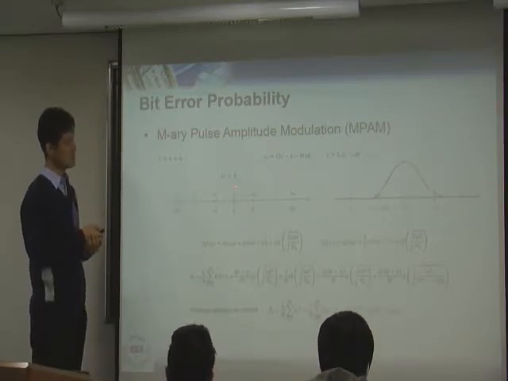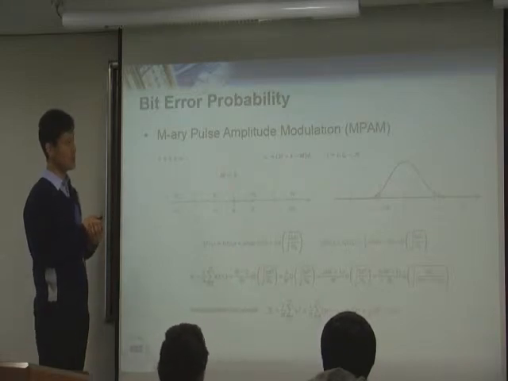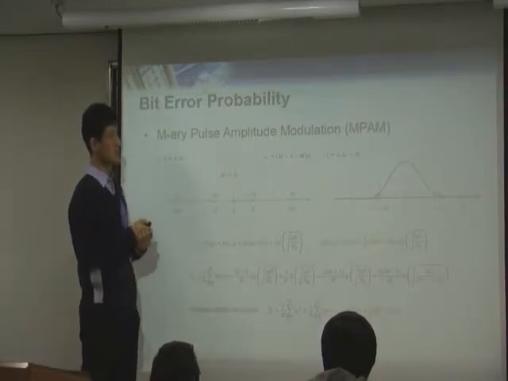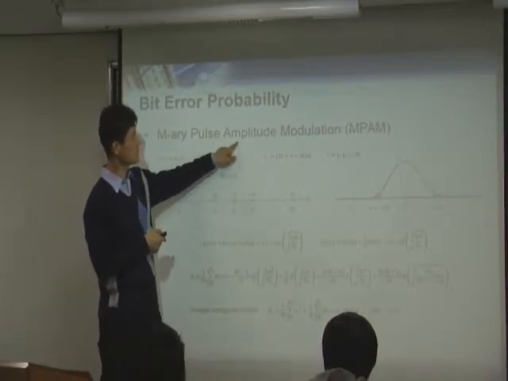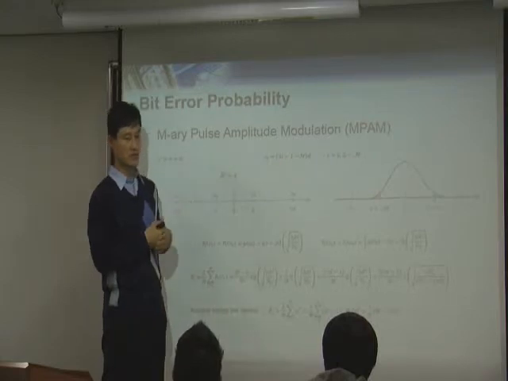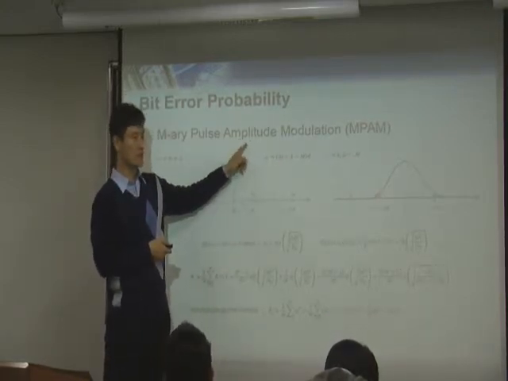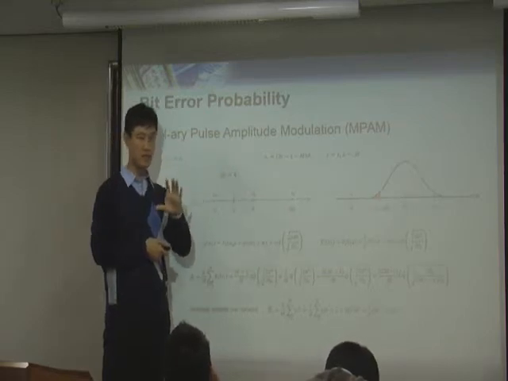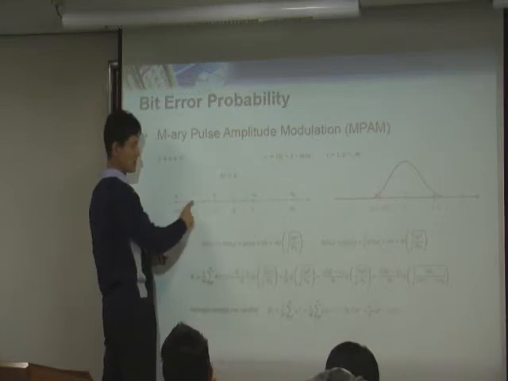This is an example when M equal to 4. And also the pulse amplitude modulation. What is a pulse amplitude modulation? This particular modulation basically differentiates all the symbols based on the amplitude. Only the amplitude has the information, right? So that's what you see here.